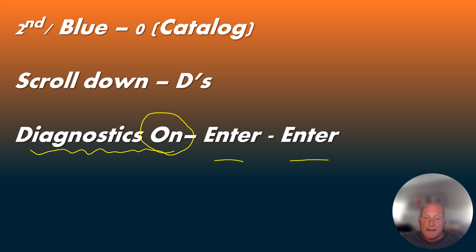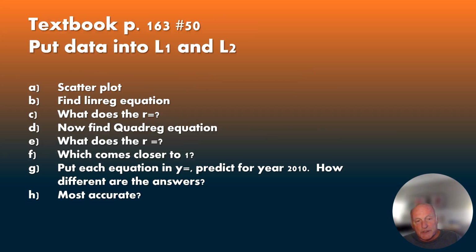What you now have is your calculator. When you push calculate or calc, it will show an R, and that's what's going to be important. Now, this is your assignment today. And again, you can come back to this, you can pause this, and I'm just going to walk you through it to explain it, so you don't have to worry that I'm going to go too fast or what did he just say.